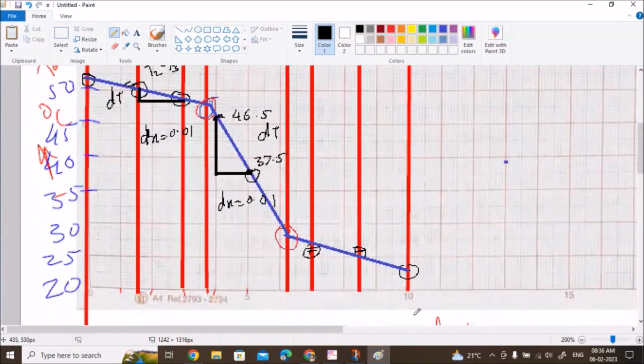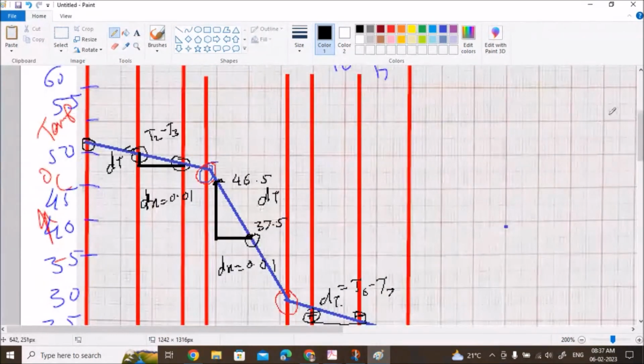Similarly for cold section, choose any 2 points, this and this, and write dx is equal to 0.01 and dt is equal to this is 6 and 7, T6 minus T7. Okay, so this is about taking slope. Similarly do for the 12 volt.